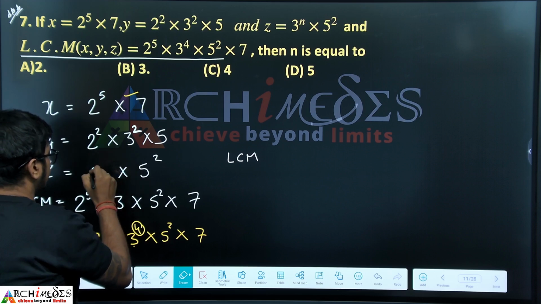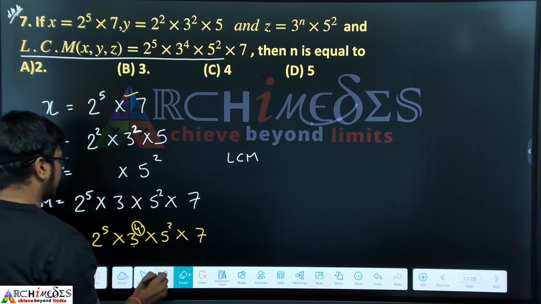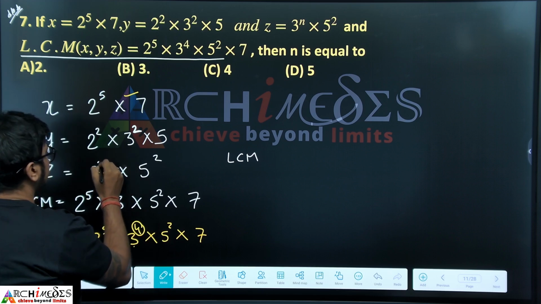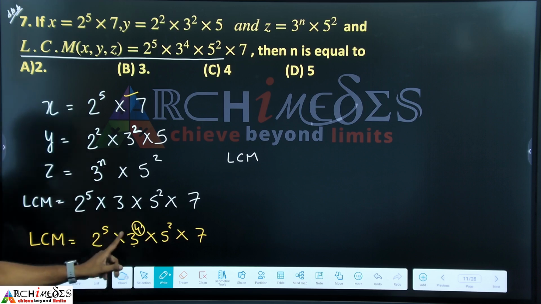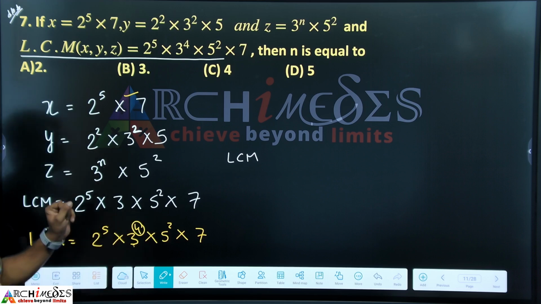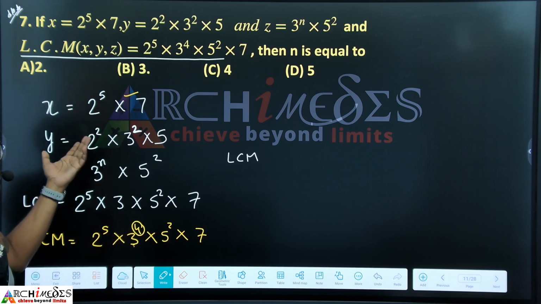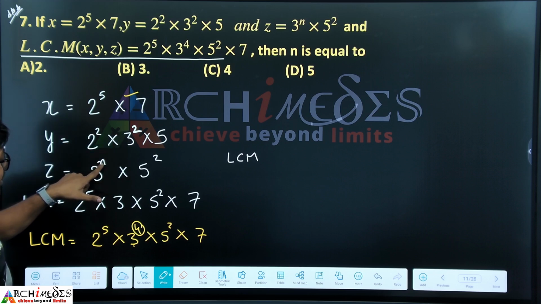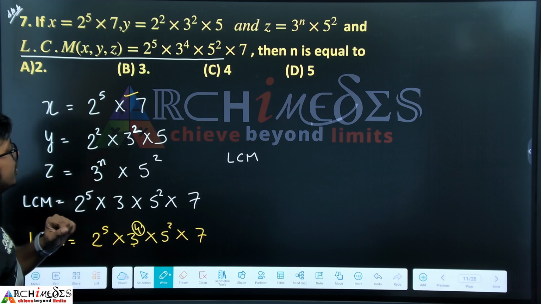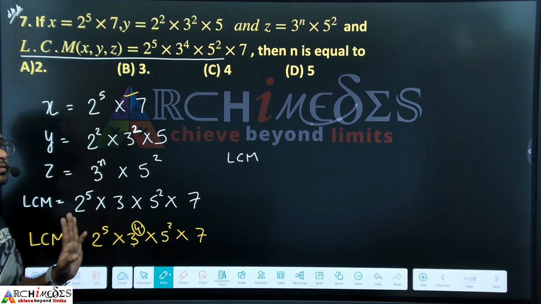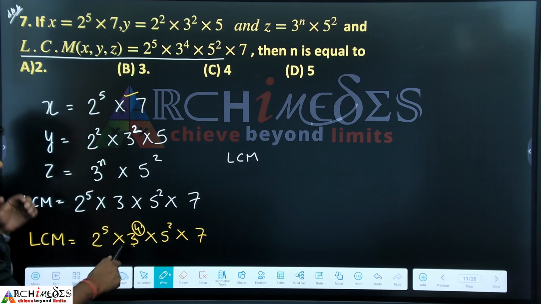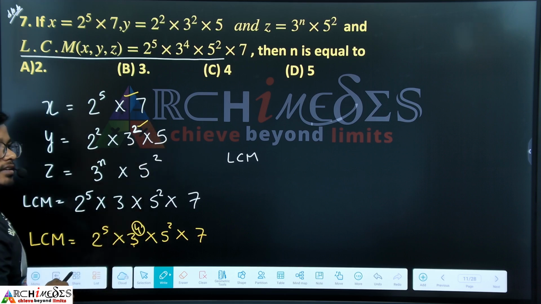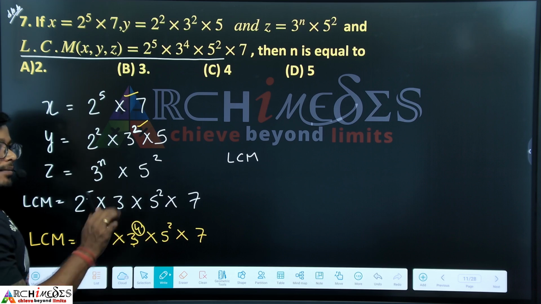If 3 is not present here, then how can you put the 3? And if you think that n can be 1, then it should be 3 squared, because the highest power is this. Am I clear on this one?